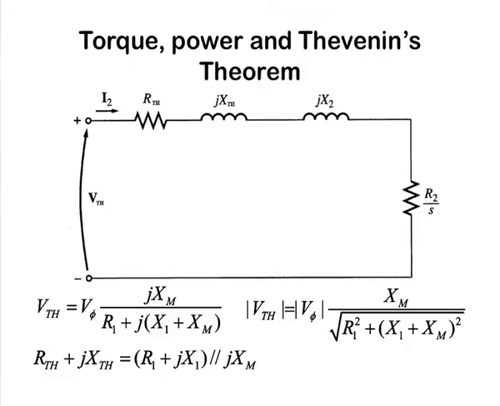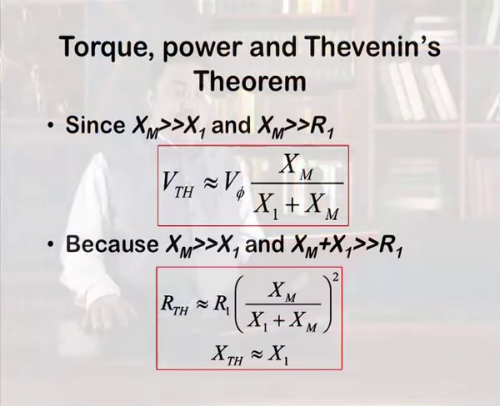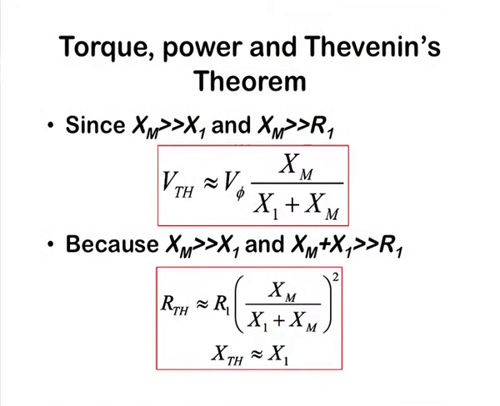By mathematical calculation, you can see from the screen we have derived the Thevenin voltage conventionally, as we derive by using the Thevenin theorem. Similarly, we have calculated the Thevenin resistance as well as the Thevenin reactance. After simplifying that Thevenin model, we obtained the following torque equation as you can see from the screen.